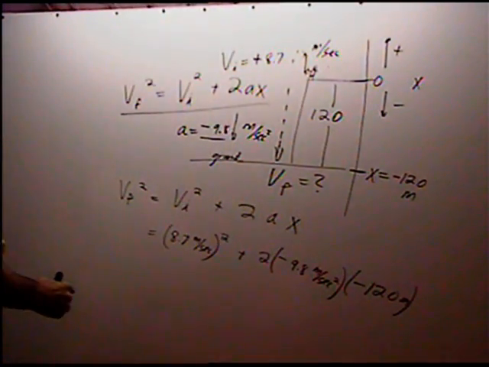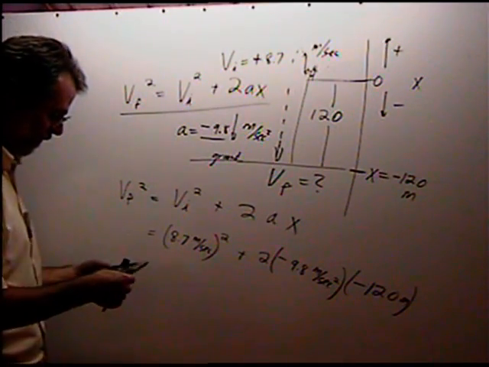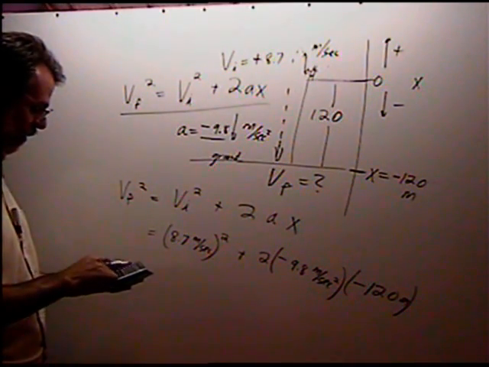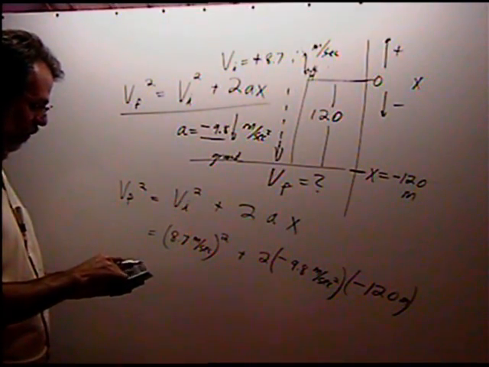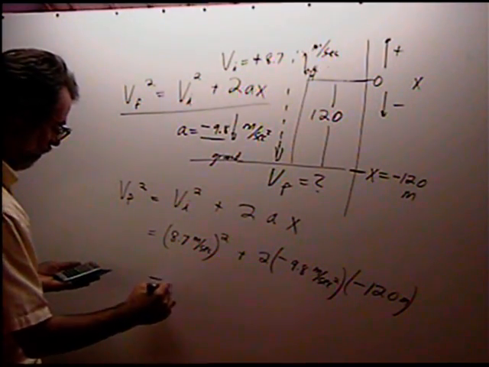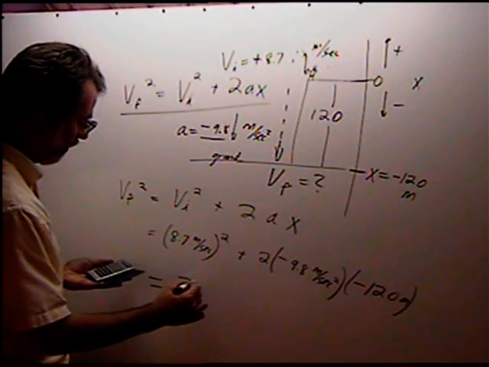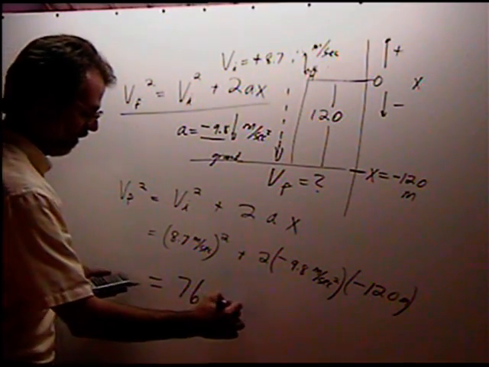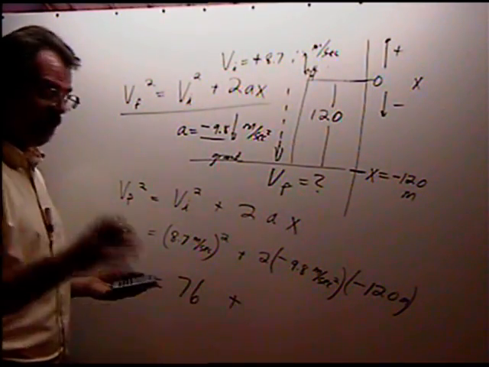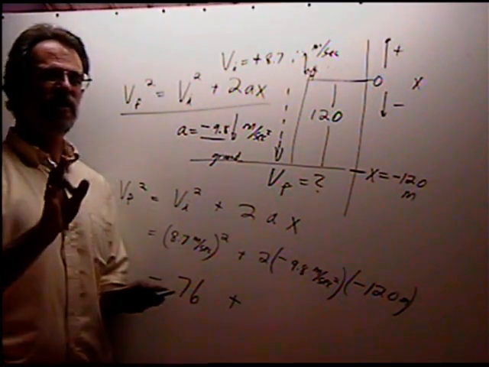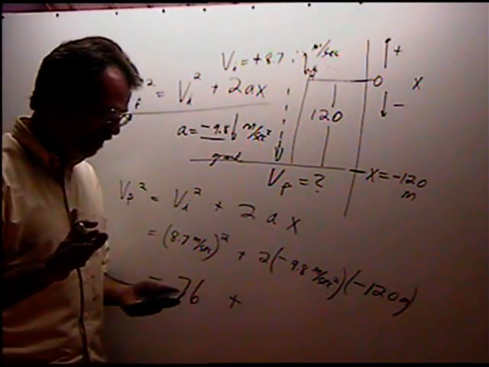So we take a calculator, and we say 8.7 squared equals 75 point, so I'm going to round this off to 76, plus, notice, here's another thing I should mention.